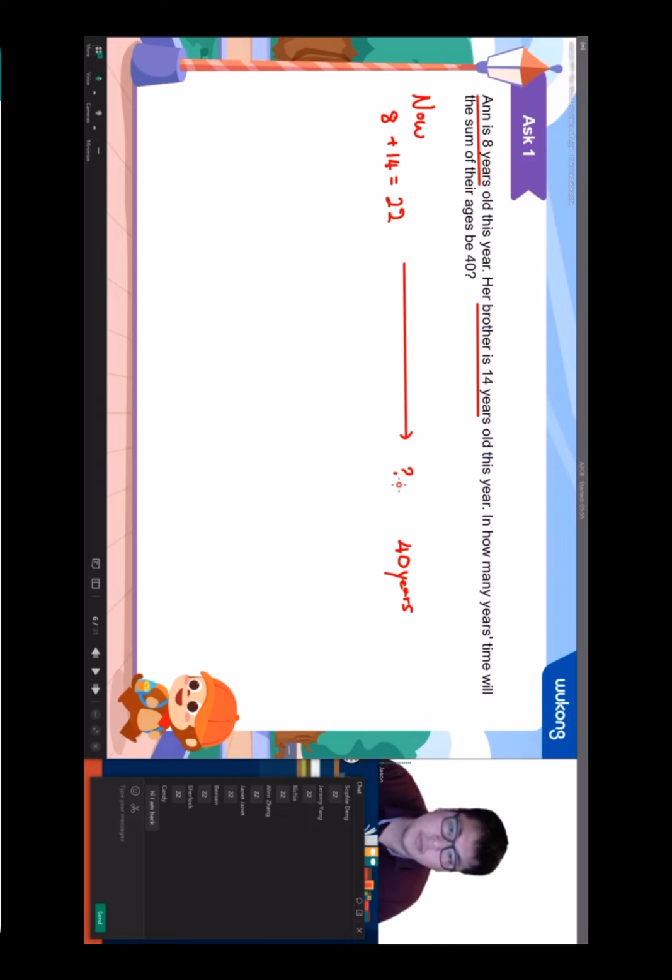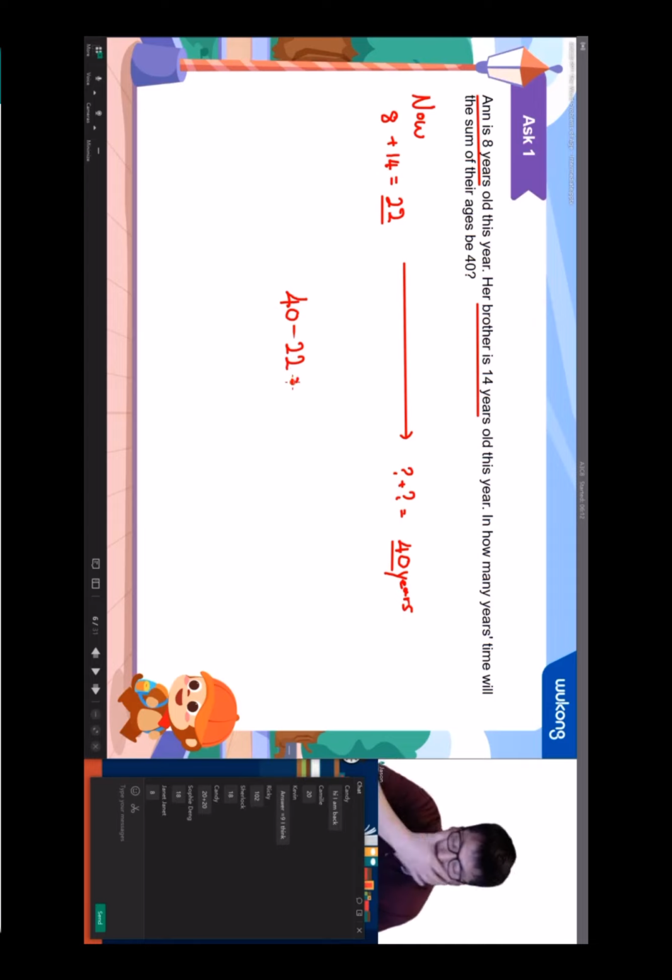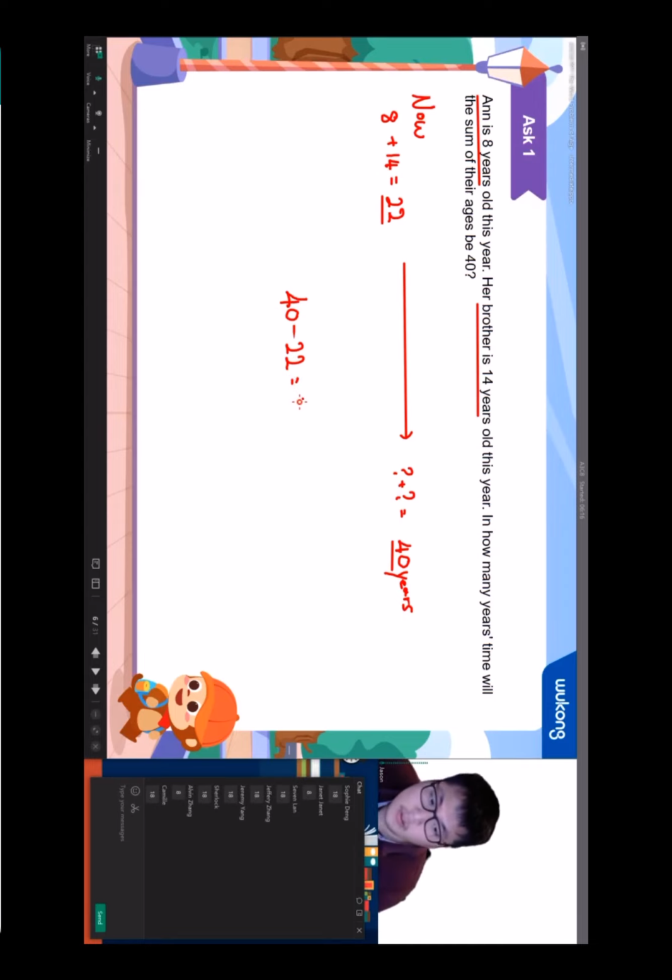Okay, so something plus something equals 40 years, right? Well, first step, guys, let's find the difference between their sum. So what is 40 take away 22, everybody? 18, very good. The difference is 18.